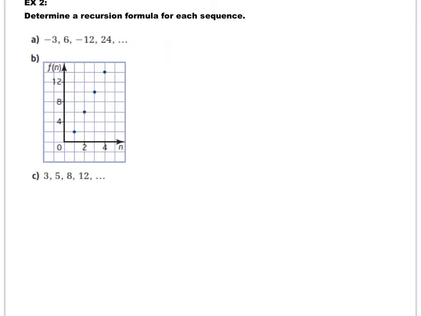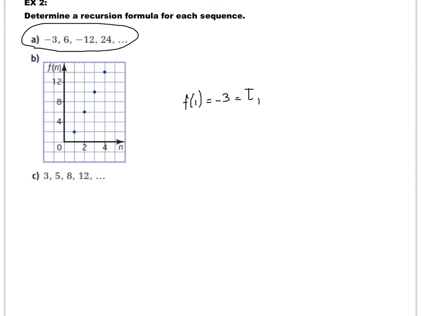The next example asks to find a recursion formula for each sequence. Let's consider part A. You can see that the first term is negative 3, so the first condition for this recursion is that f1 is equal to negative 3, or t sub 1, either case. The second one is 6, and the next after it is negative 12.